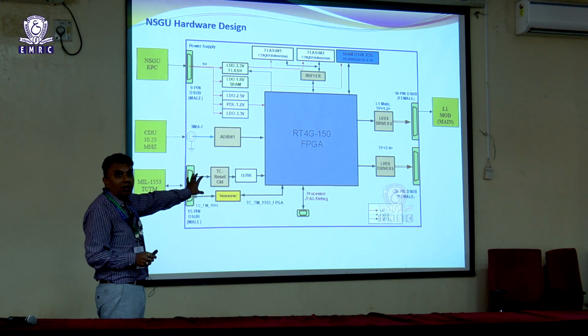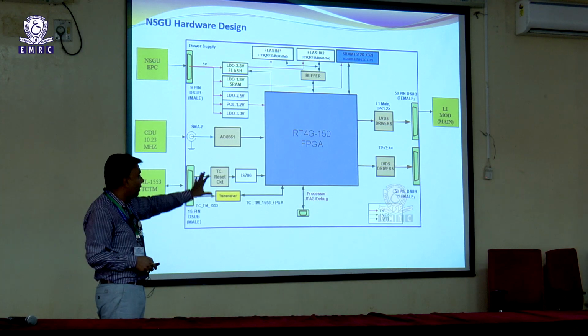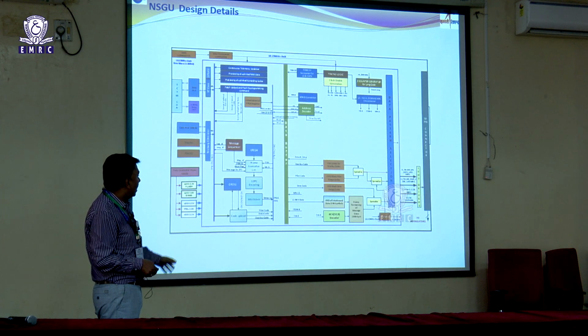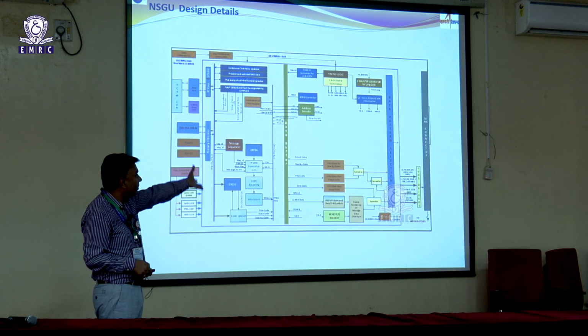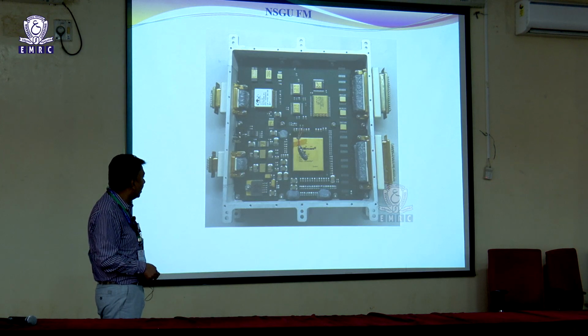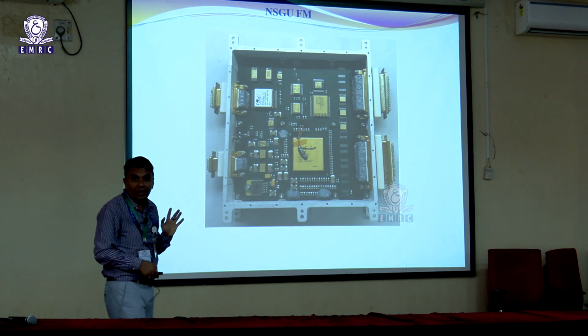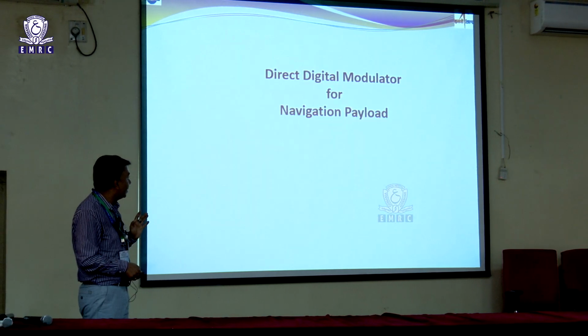So, here we have put a Leon 3 FT processor inside this RTG4, and this complete design is using RTG4. These are some of the parameters which we implemented, and this is the complete design flow of the RTG4. This is the card with the RTG4 based design which has been flown in the NavIC satellite. This is called the navigation signal generation unit.